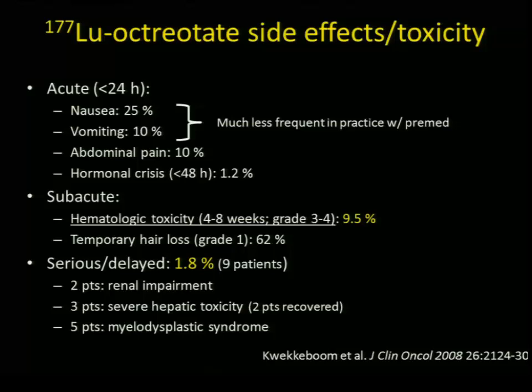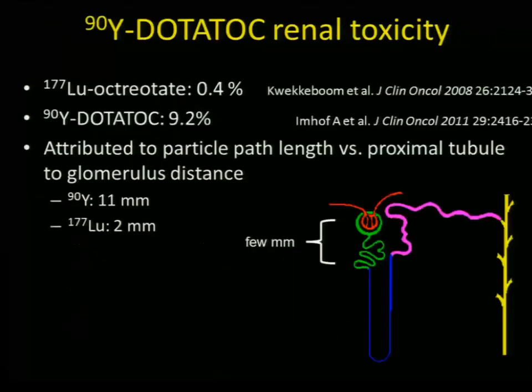There are also some serious and delayed side effects like renal impairment, especially if you use yttrium-90, and severe hepatic toxicity, but it's very seldom, and myelodysplastic syndrome is also seldom. Regarding nephrotoxicity, as you see here, with lutetium the possibility is under 1%, but with yttrium it is about 9% renal toxicity.